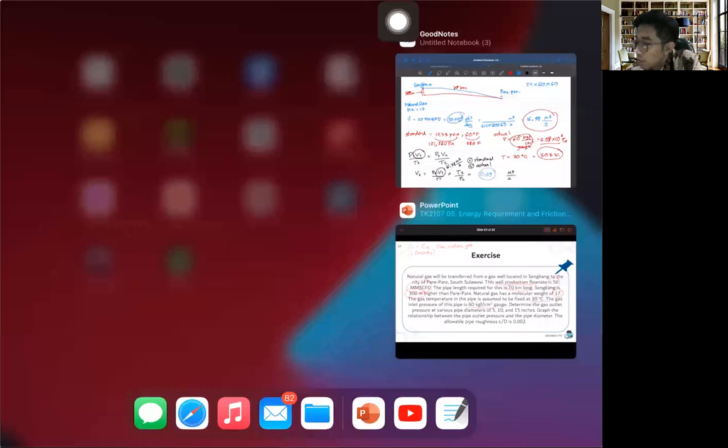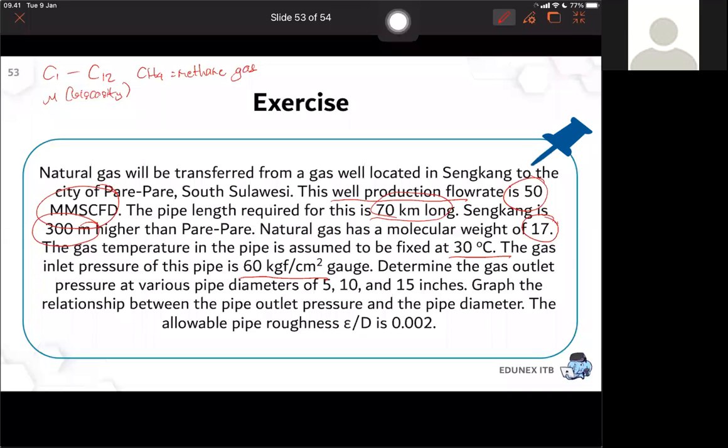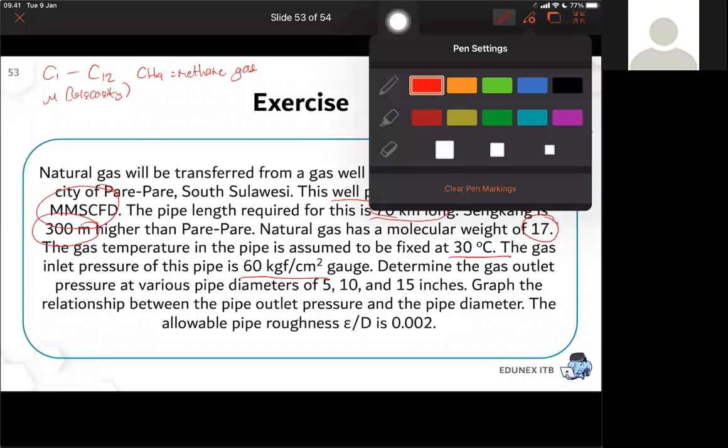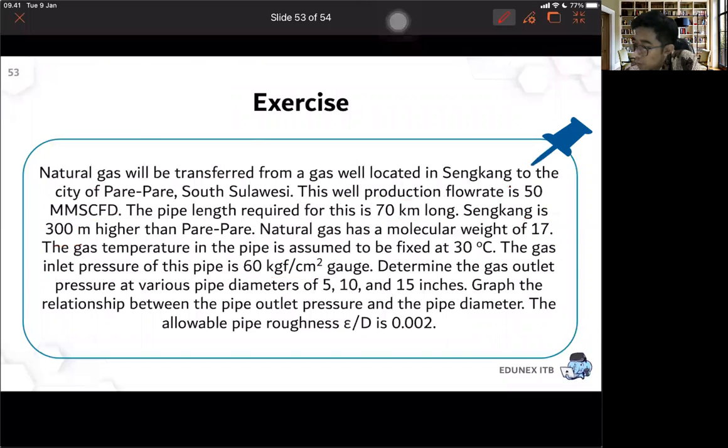Now, with that flow rate, we want to flow the gas with the length of 70 kilometers and the height of 300 meters, by using three different pipes.